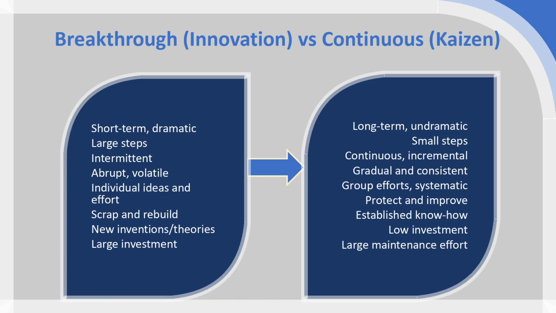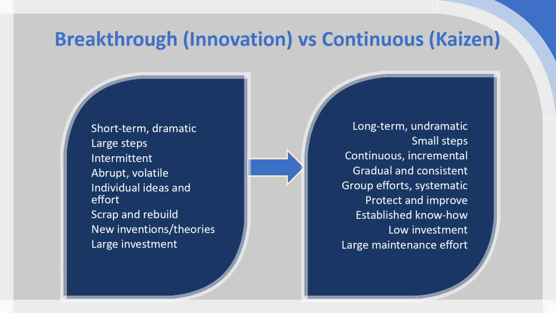So BPR, an example of this, a reimagining of a process, which business re-engineering often entails, leading to scrapping existing processes and rebuilding them from the ground up to be engineered for a different purpose, driven by individual ideas and individual effort, often led by a single individual or a small group of people, versus Kaizen, which emphasizes a group effort, involvement from multiple different layers of staff, moving for consistent performance improvement through gradual steps.